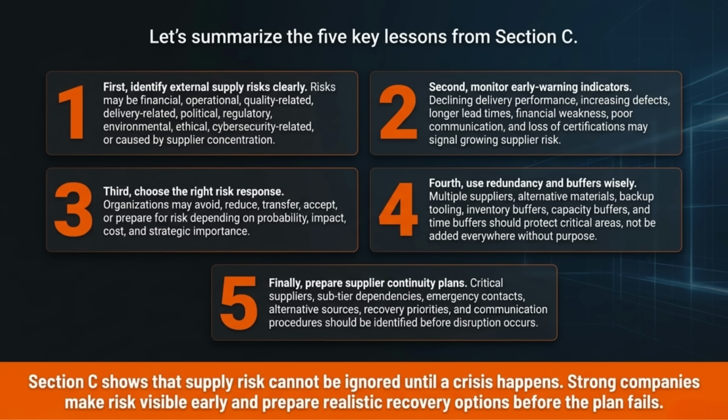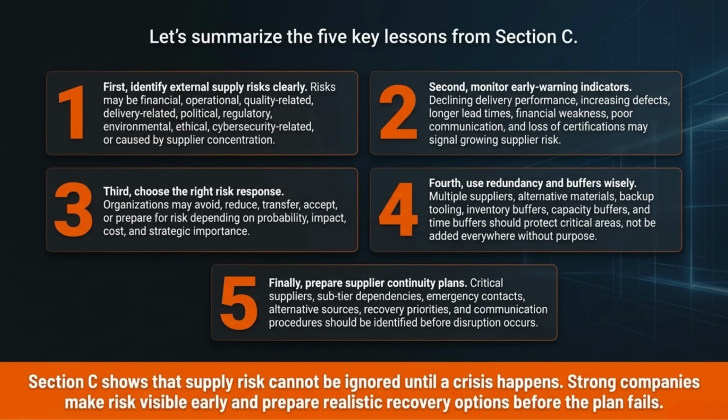Third, choose the right risk response. Organizations may avoid, reduce, transfer, accept, or prepare for risk depending on probability, impact, cost, and strategic importance. Fourth, use redundancy and buffers wisely. Multiple suppliers, alternative materials, backup tooling, inventory buffers, capacity buffers, and time buffers should protect critical areas, not be added everywhere without a purpose.